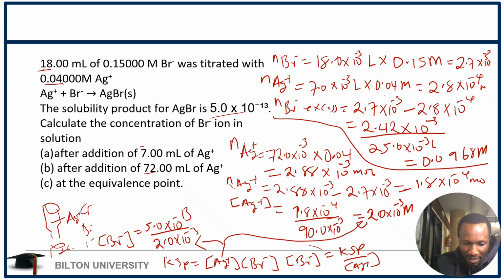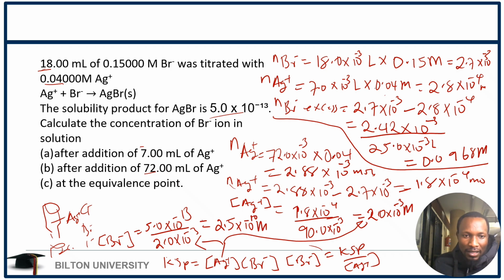We divide that, and we're going to get the concentration of our bromide ion to be 2.5 times 10 to the power minus 10 molar. So that's the concentration of bromide ion.